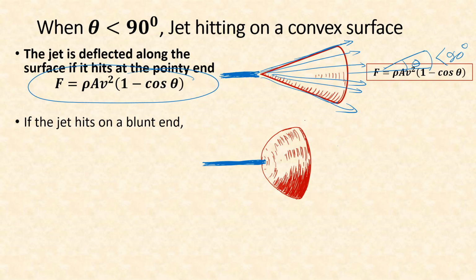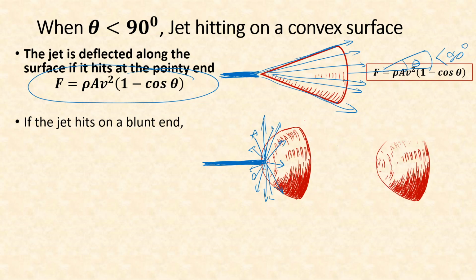In one case, it may happen that water will simply get deflected like this. That means water will separate from the surface of the plate, and it will be almost like hitting a flat plate, and the curvature doesn't matter.